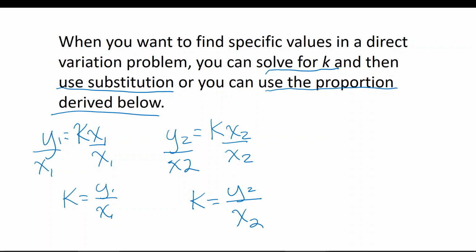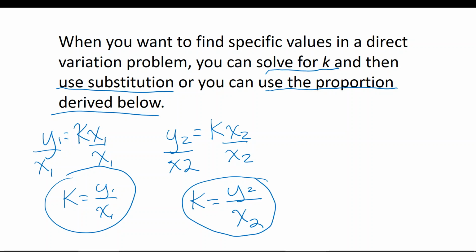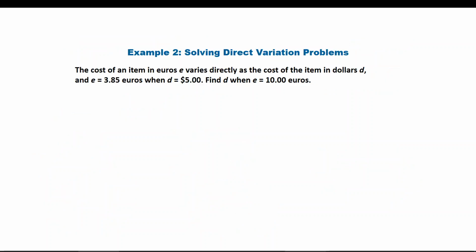Now, if k equals y1 over x1 and k equals y2 over x2, then we can just do some substitution and say, well, then y1 over x1 must equal y2 over x2. And that's going to look like a regular proportion that you're used to seeing. Okay, here's an example to do that very thing.